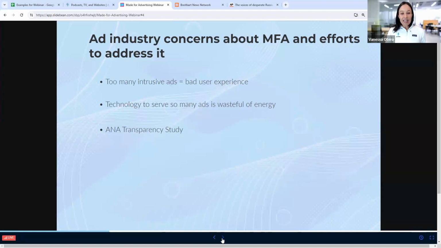Now, again, it's people's choice whether they want to spend money on made for advertising sites. And for those in the industry who make made for advertising sites, it's sort of a don't hate the player, hate the game.